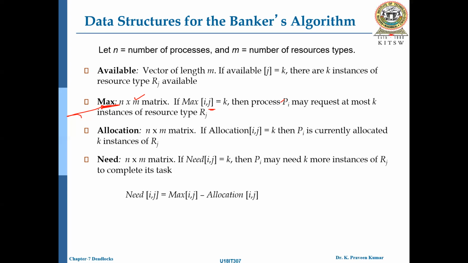If Need[i][j] equals k, then process Pi may need k more instances of resource type Rj to complete its task. Need is calculated as Need[i][j] = Max[i][j] - Allocation[i][j]. With this, you calculate the need. These are generally the Banker's algorithm data structures.